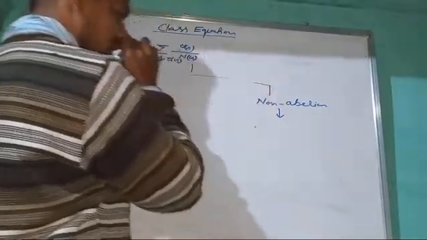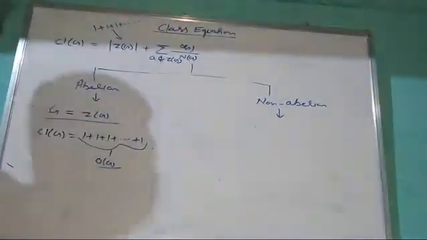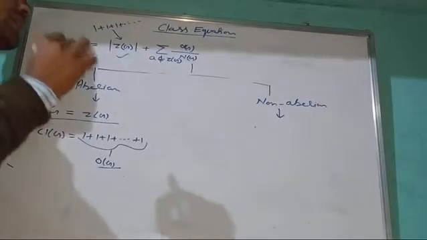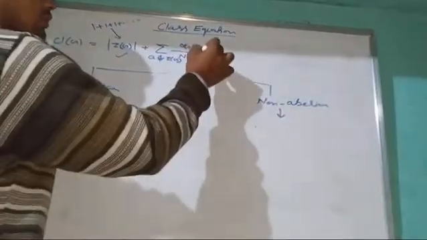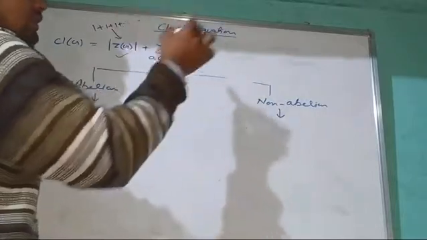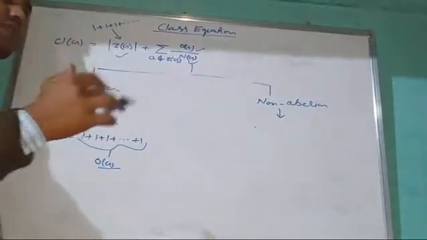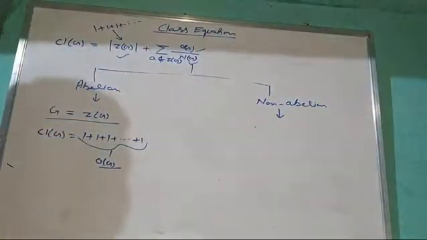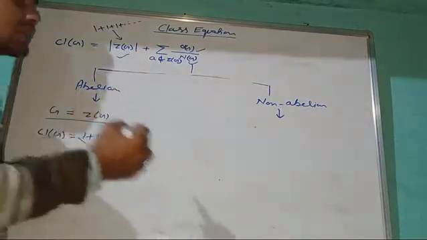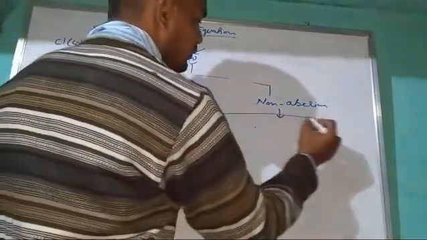But in the case of the non-abelian group, we have many non-abelian groups, and in this case, first we need to calculate the centralizer of the group. Then we need to calculate the order of the group and the normalizer of the group. Then finally we can construct the class equation of such a group.